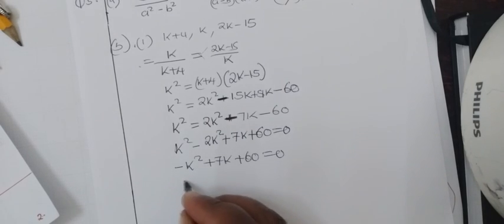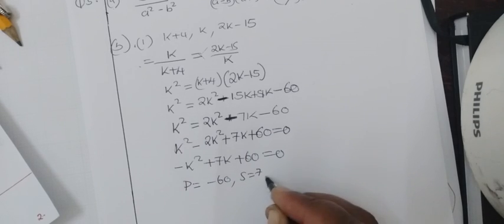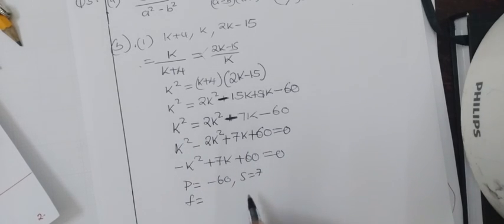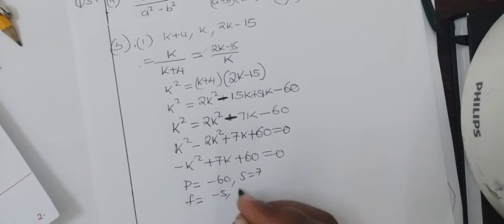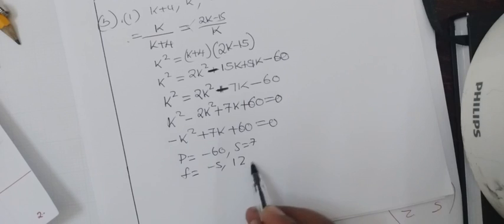So we'll go for the product. Product will be negative 60. Our sum will be b, which is 7. Now what are the factors? Two numbers that you multiply, they give you negative 60, and when you add, you get 7. So you have negative 5 and 12. Alright? Now because there is k throughout, you distribute k here.